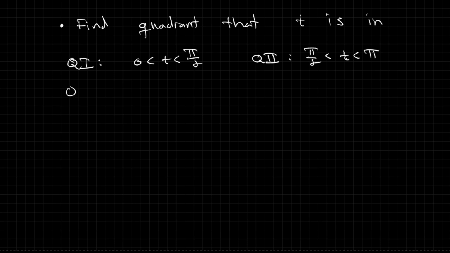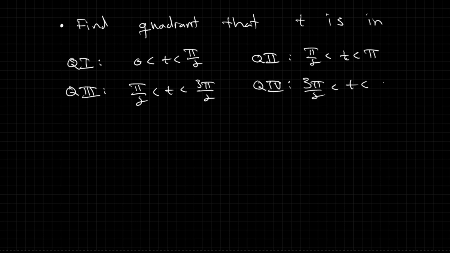In quadrant 3, angles are between pi and 3 pi over 2. And in quadrant 4, we have 3 pi over 2 less than t less than 2 pi.